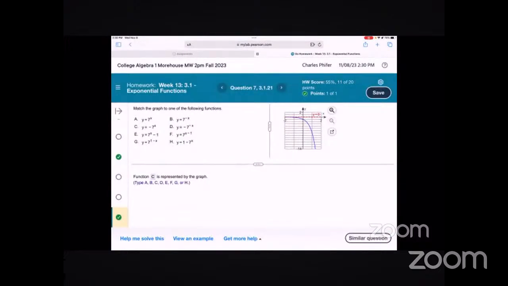You can choose a few test points, namely when x is -1, when x is 0, or when x is 1, right?